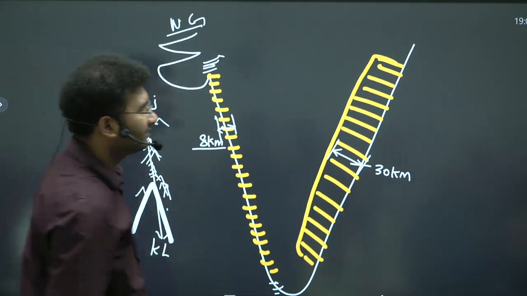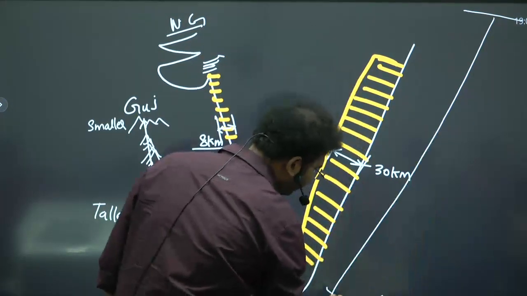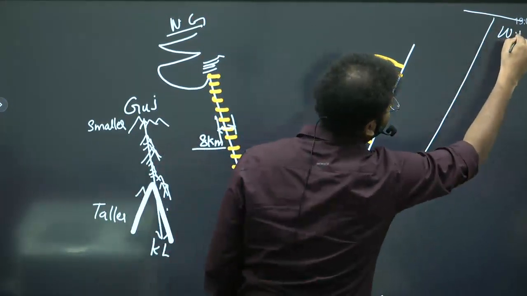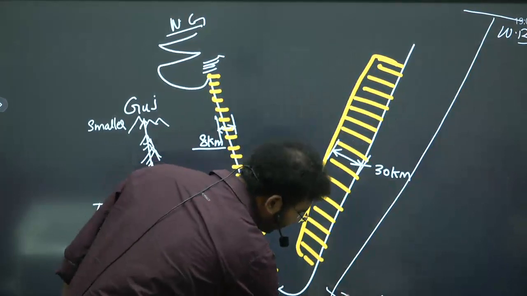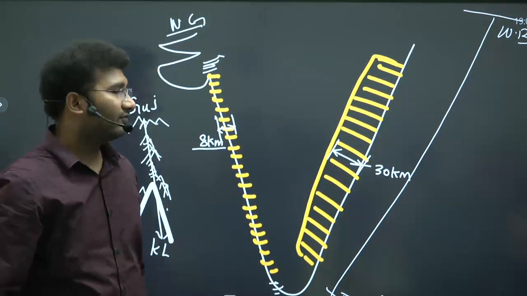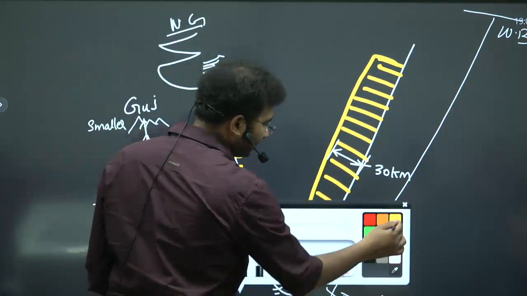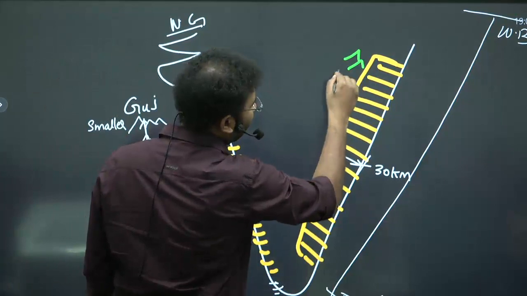Whereas Eastern Ghats range all the way from West Bengal to Tamil Nadu, and these mountains are present like this. They are not continuous.